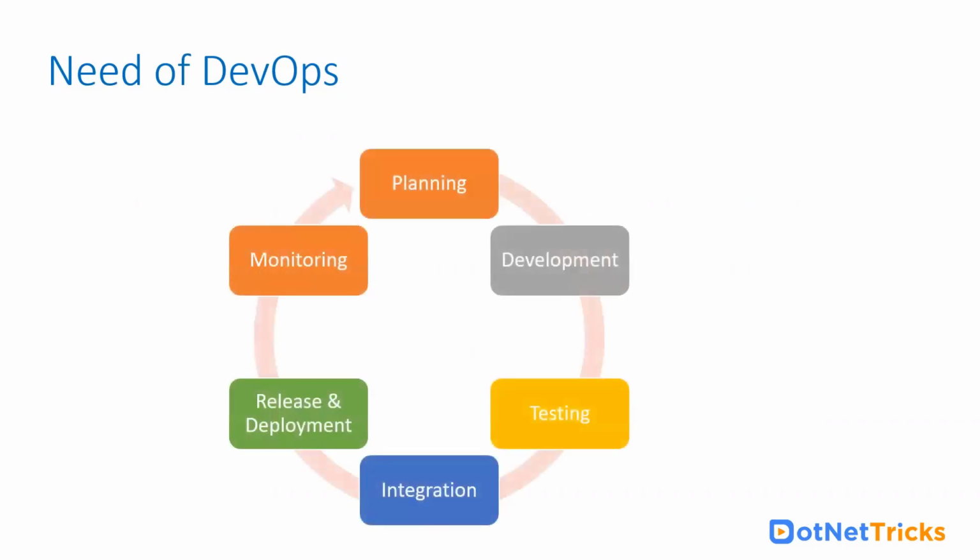That is DevOps. Many people might have the question of where DevOps is actually helping us. DevOps has a life cycle. When building any application, it starts from planning, then development, testing, and integration. Then we have release and deployment, that is the CI/CD.